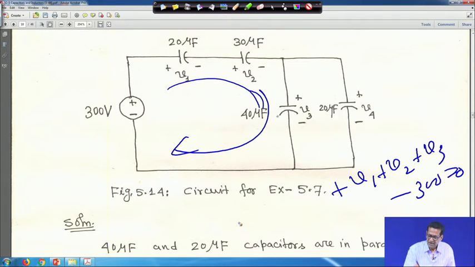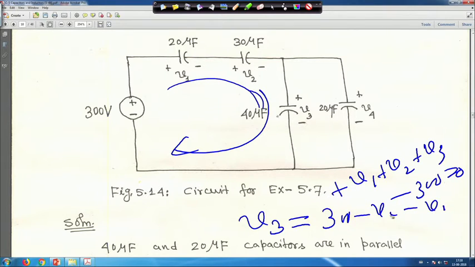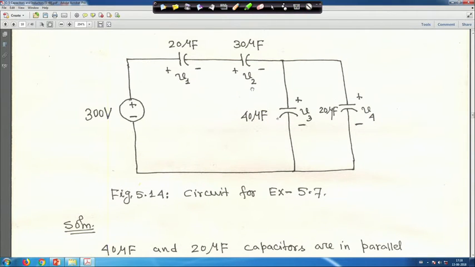That means my V3 is equal to 300 minus V1 minus V2, right. And these two capacitors are in parallel. That means, V3 is equal to V4, right, because these two are in parallel. So, go to that calculation.